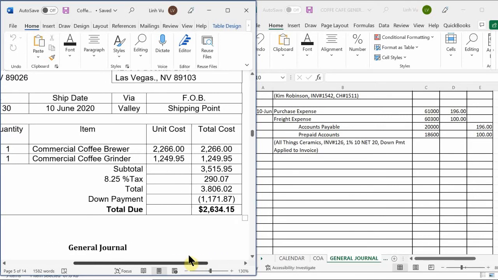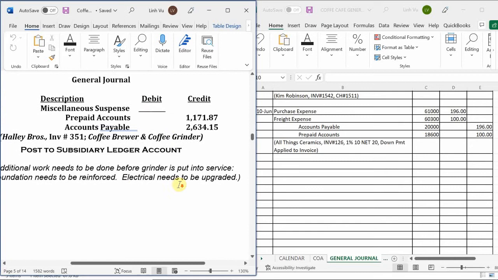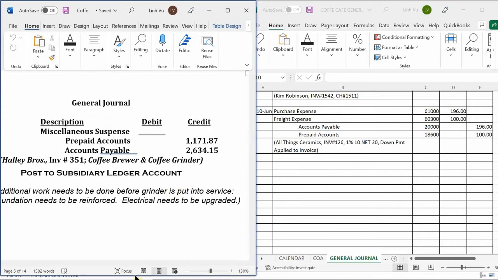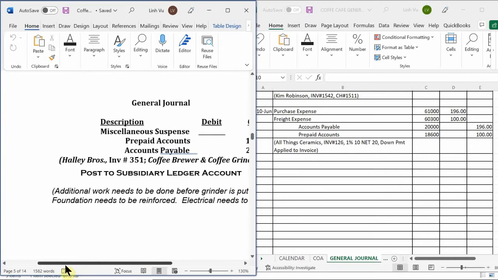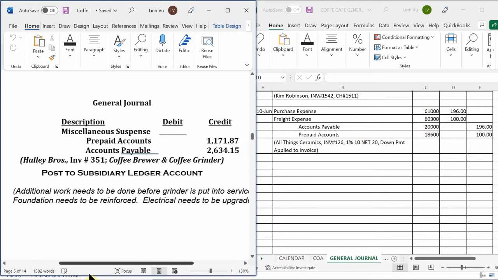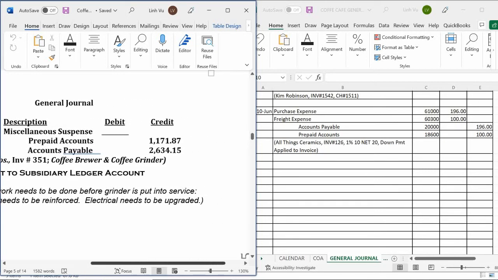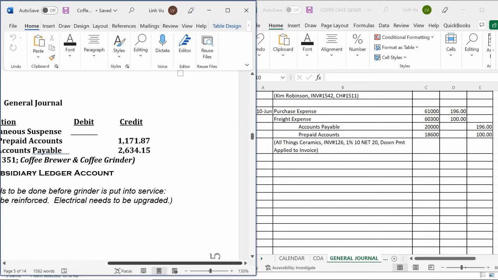Now for this, what I want you guys to do is put this into the miscellaneous suspense account. Because in this case, we actually have to do some more work for the coffee grinder. It says right here that we need to do some additional work to the coffee grinder by doing some reinforcement for a foundation for it.